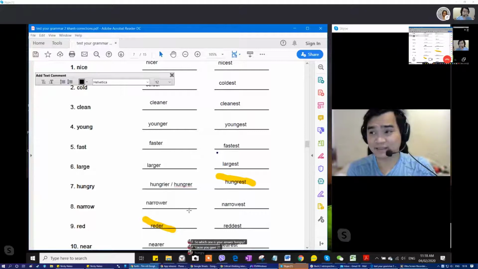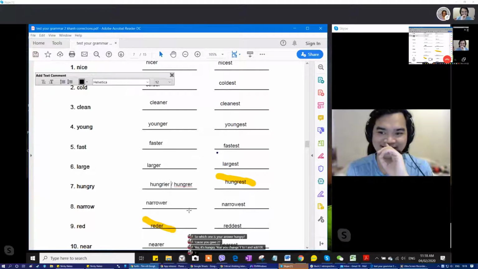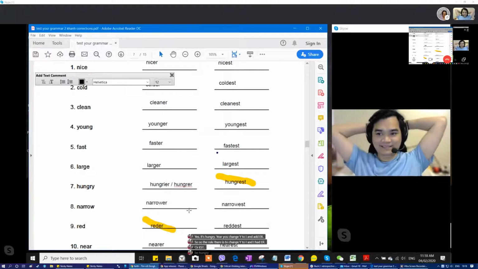You change Y to I and add ER. So the rule there is to change Y to I and add ER or EST. So hungriest would be hungry, IEST. All right?